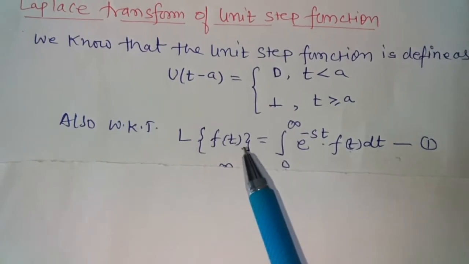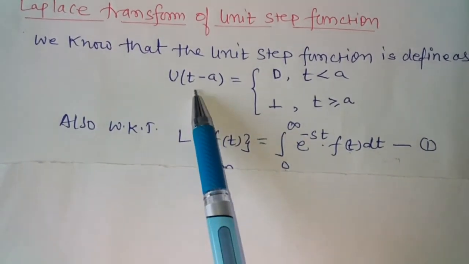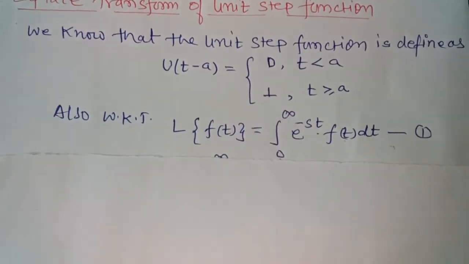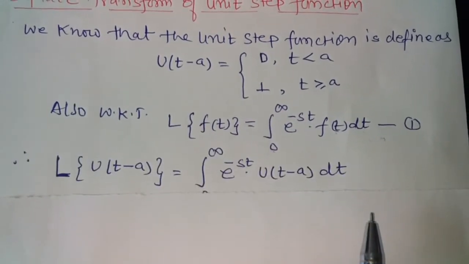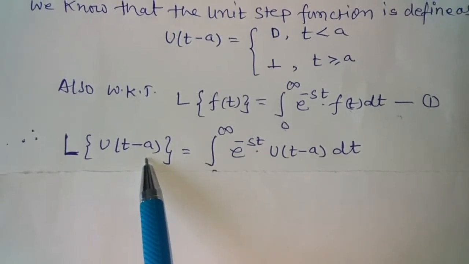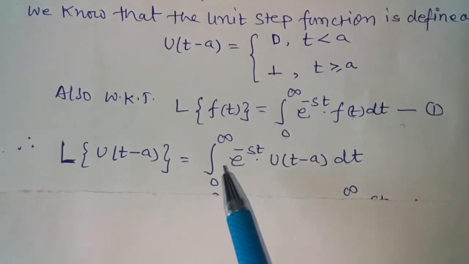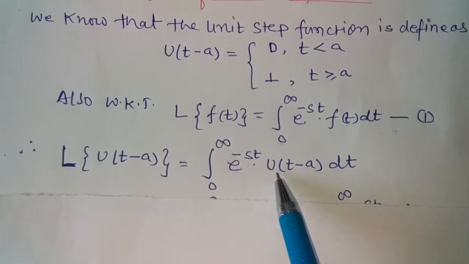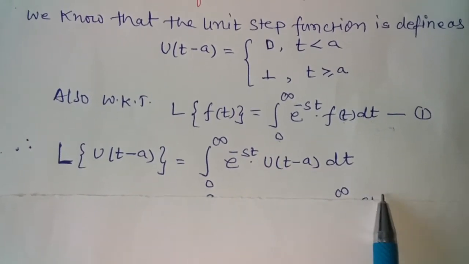As we have to find the Laplace transform of unit step function, in place of f(t) we put the unit step function and we get the Laplace transform of unit step function as the integral from 0 to infinity of e raised to minus st into u(t minus a) dt.